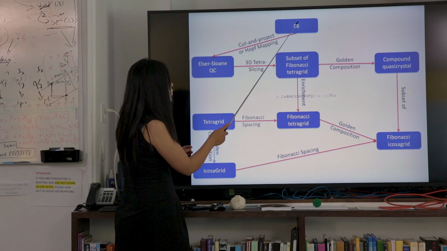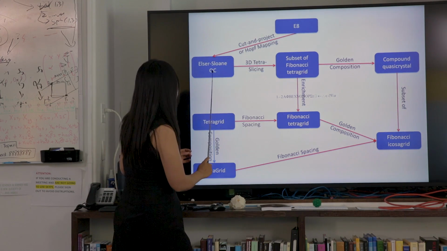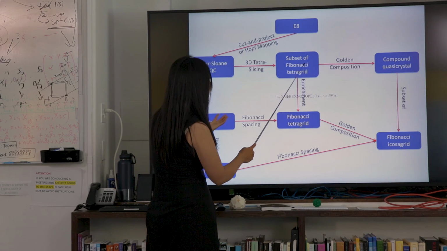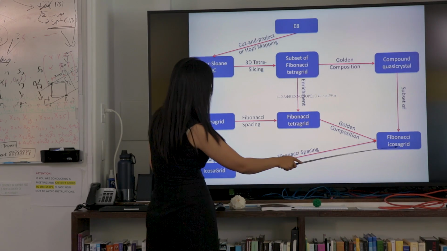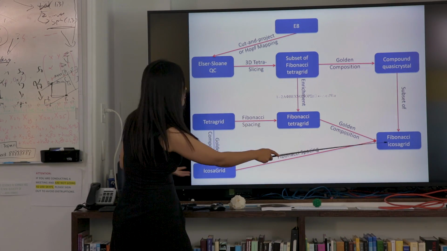Or from E8 to the acetylene quasicrystal, we make a 3-dimensional slice and compose the slices together to get that. So there are 3 different ways of achieving the same thing.